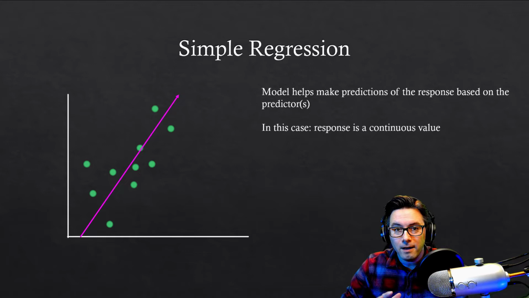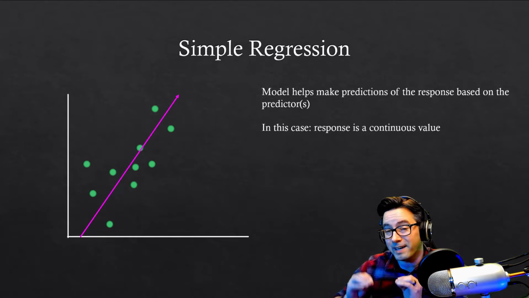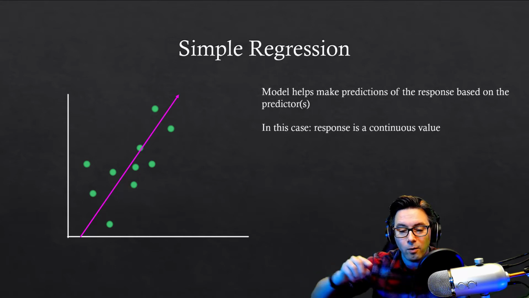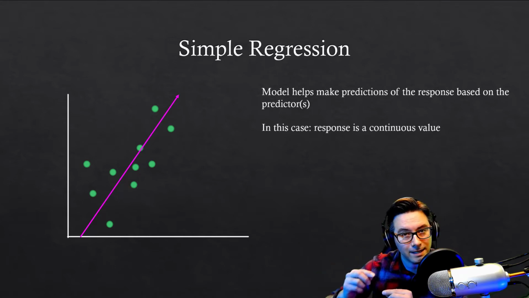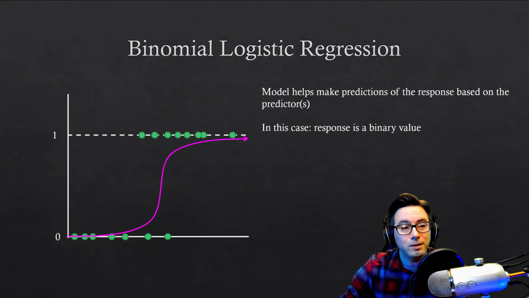But what if, instead of a response being a continuous value, we want it to be more of a categorical value where it's either is something or it's not, like that sort of identity thing. And that's where we enter a new type of regression, which is our topic for this week: binomial logistic regression, often commonly referred to as logistic regression.